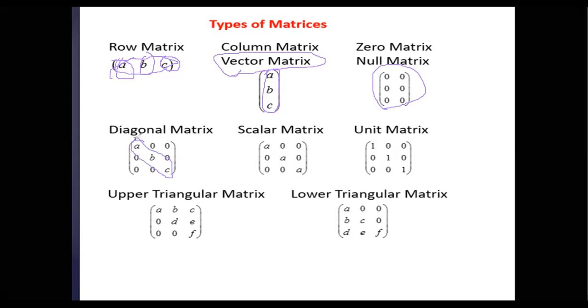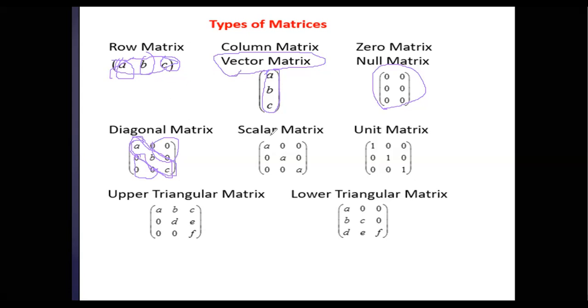If on this diagonal line we have some elements, and other than the diagonal line the elements are zero, then we can say it is a diagonal matrix. In short, in this particular line the elements should be there, and above or below the diagonal line, the elements should be zero.